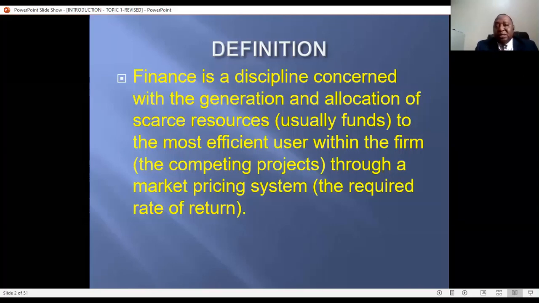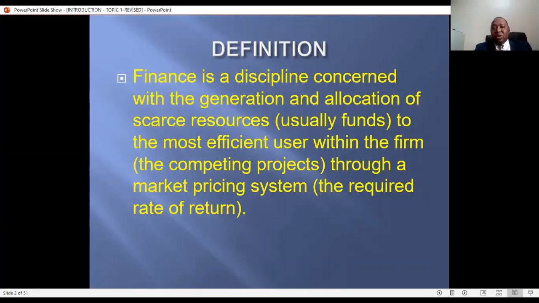I'm defining finance as a discipline concerned with the generation, and we underline the word generation, and allocation of scarce resources, usually funds, to the most efficient user within the firm, who are the competing projects, through a market pricing system, which is a requirement of return. So this is the definition, and I want to spend some time to discuss that definition in more detail.